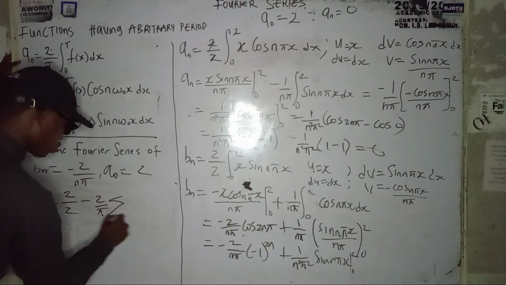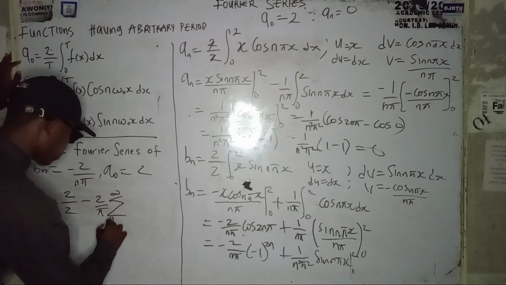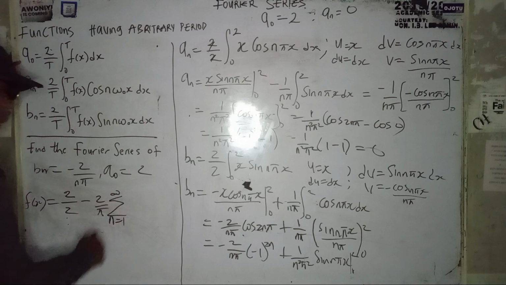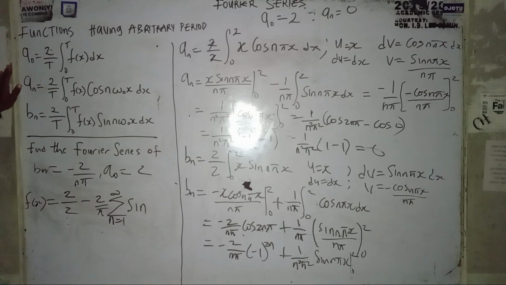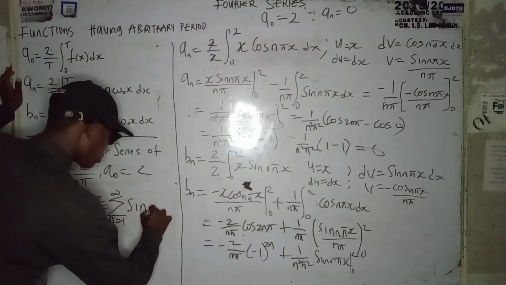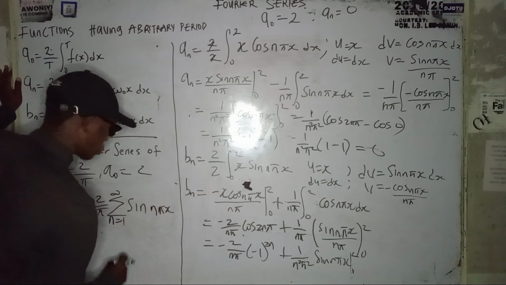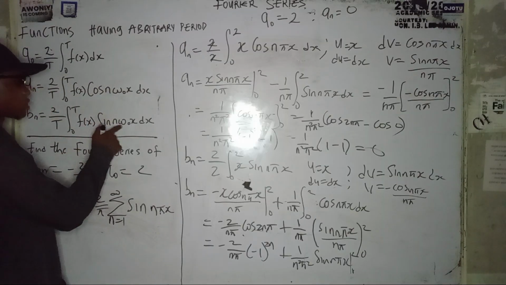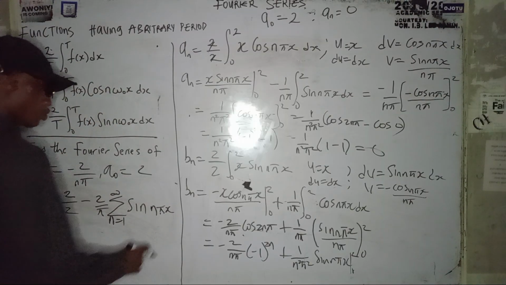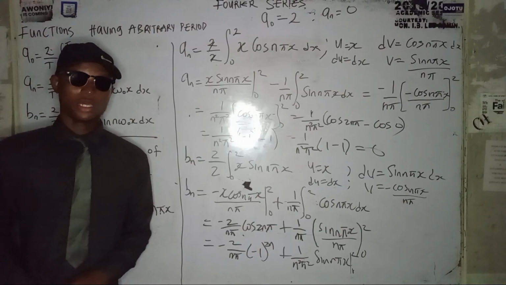Then we have our summation so that the n can enter inside, from n equals 1 to infinity of sine n pi x, because don't forget that sine omega x, so sine n pi x. This is the Fourier series for the question which we were given earlier. Thank you very much.